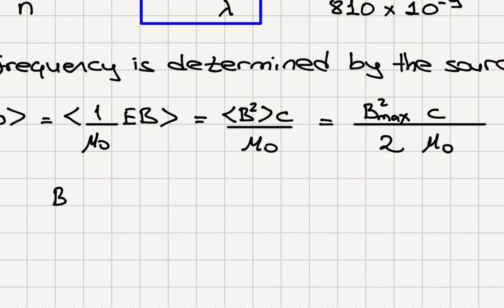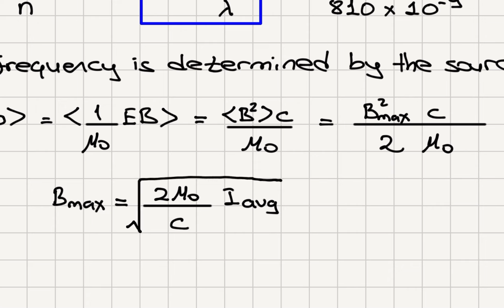B max is equal to 2 mu0 over c multiplied by the average intensity, all inside the square root. All right, so we can plug in the numbers here.